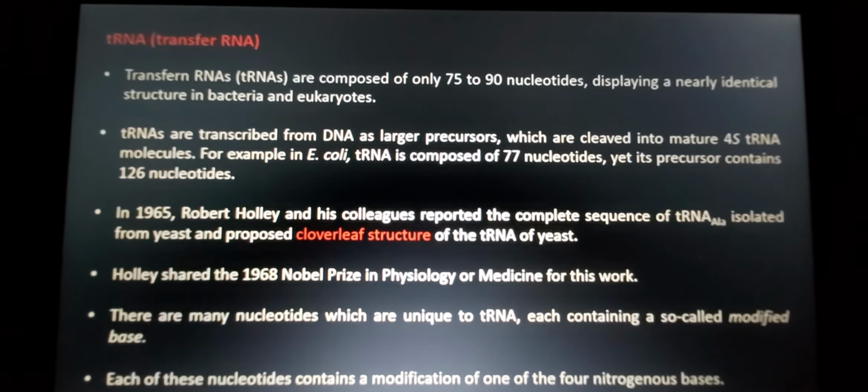If you look at these modified bases, some of them are like inosinic acid, methylinosinic acid, 1-methylguanylic acid. So these are some of the bases which are usually not found anywhere other than transfer RNA.